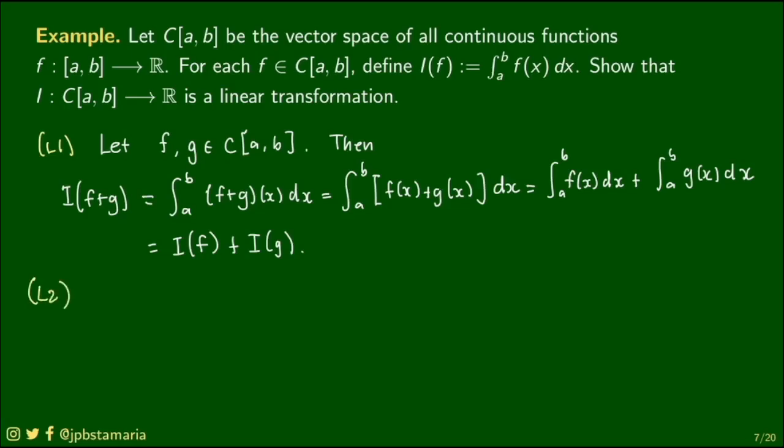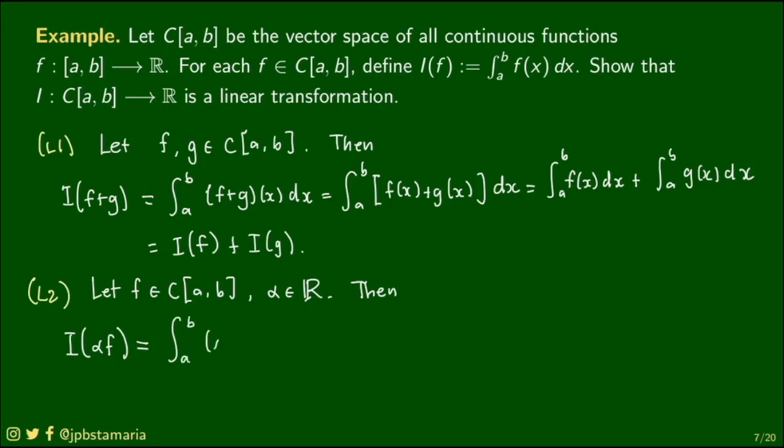For equation L2, we only need one function f from the space and one scalar alpha from R. Here we are looking at the image of alpha f under I. By definition of I, it's the integral of alpha f of x dx. By the definition of scalar multiplication, this is alpha times f of x.